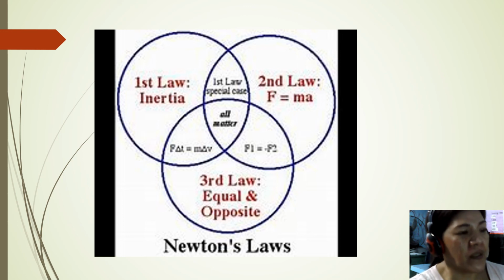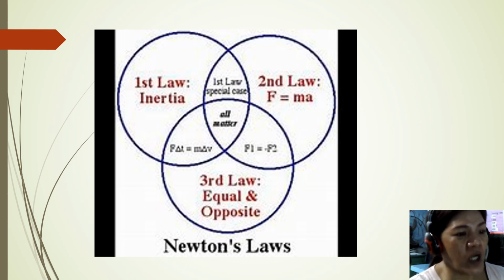Now we are done with the first law, which is inertia. Then the second law, which is the law of acceleration, expresses that force is equal to mass times acceleration. Then we have the third law, equal and opposite reaction.